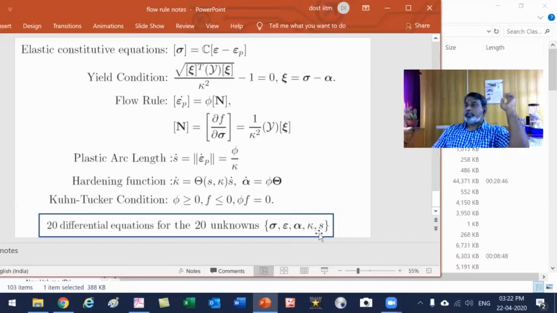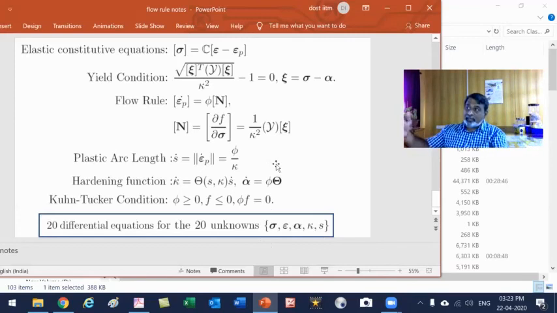With these 20 differential equations, which are a system of equations, it is possible for me to use ODE45 or 23 in my MATLAB code in order to solve the problem. This is as simple as that. Hope things have been clear here. We have moved from a one-dimensional to a three-dimensional.